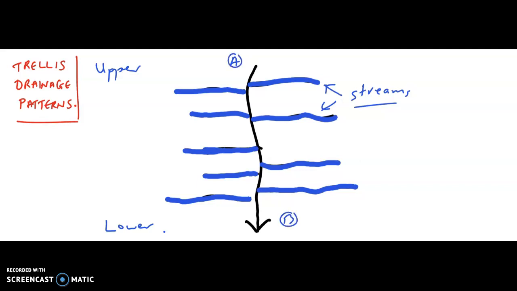Now, students, bear in mind that trellis drainage patterns are associated with areas where you have differences in terms of rock structures. Some rocks may be more resistant than others. It is quite understandable that we can have a landmass where there's a very massive area of rocks which can be relatively very resistant.